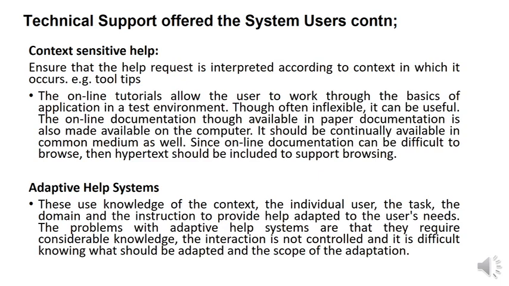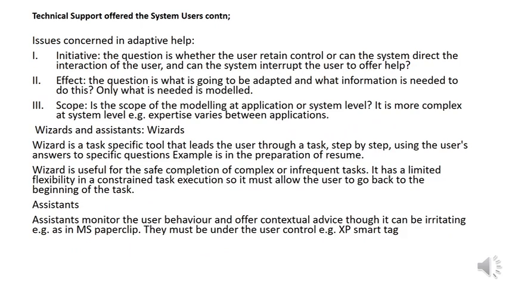The interaction is not controlled, and it is difficult knowing what should be adapted and the scope of the adaptation. Well, it is true, but with the right approach, it is also easy for system users to adapt to all these adaptive knowledge contexts, which can easily help them to perform their tasks and make corrections on the system that is developed.